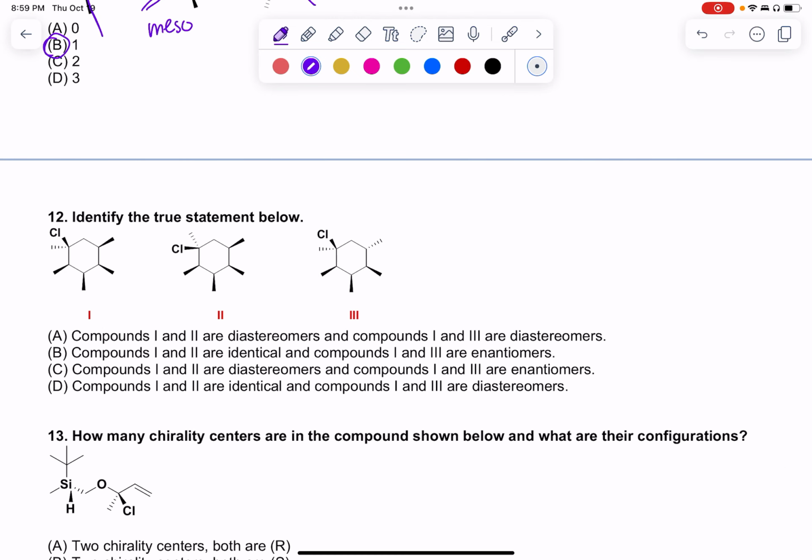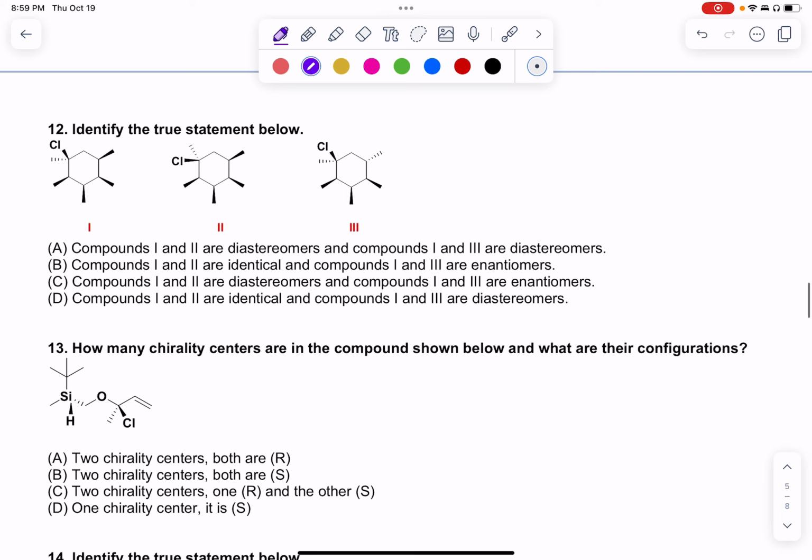All right, identify the true statement below. So I look at the answer key first and say, I'm comparing 1 and 2. I'm also comparing 1 and 3. And none of them say I'm ever going to compare 1 or 2 and 3. So I'm only going to be looking at those. Let's start with 1 and 2.